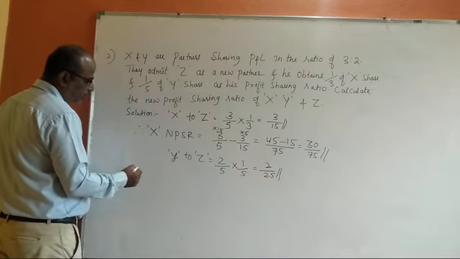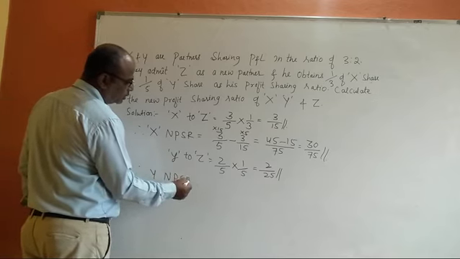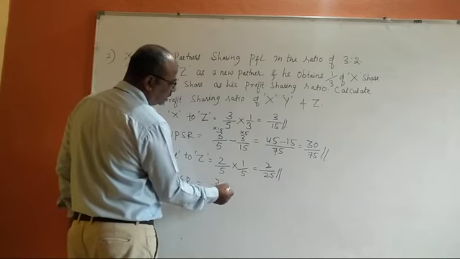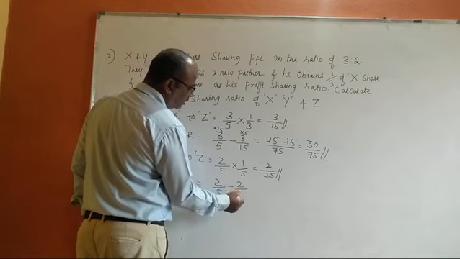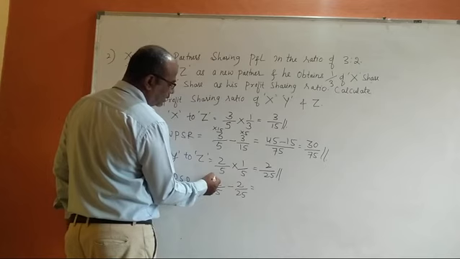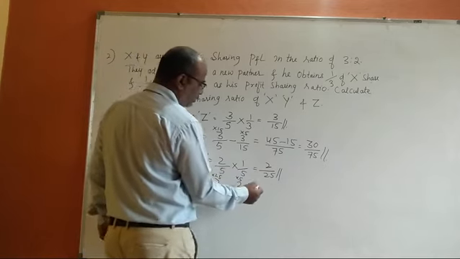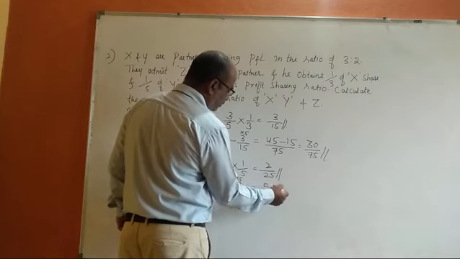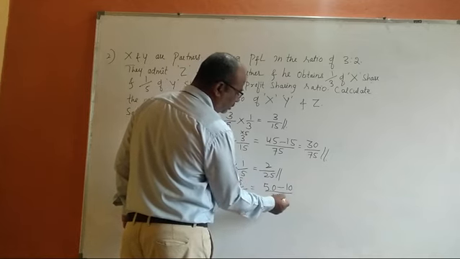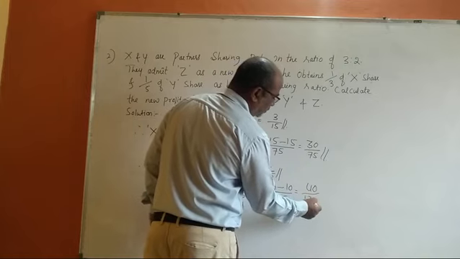And now Y's new profit sharing ratio equals his old ratio minus his sacrifice ratio. So 25 into 5: 25 twos are 50 minus 5 twos are 10, divided by 125, equal to 40/125.